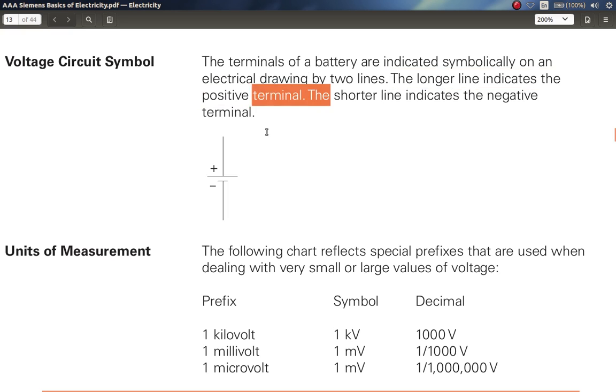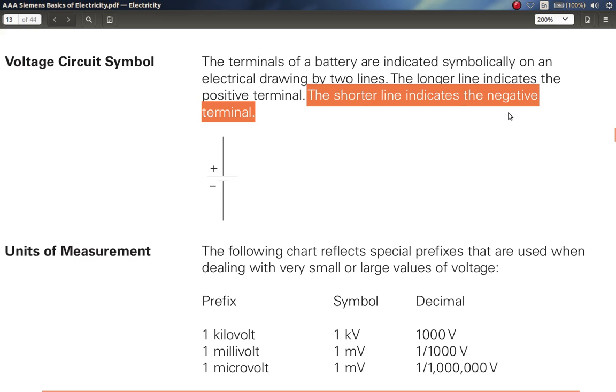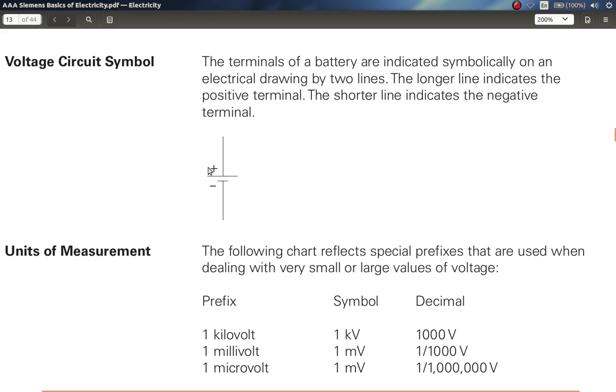The shorter line indicates the negative terminal. So here we have the positive terminal and the negative terminal. The lines they're talking about are horizontal lines. The longer line is positive, the shorter line is negative. This is an example of what is called a schematic drawing.